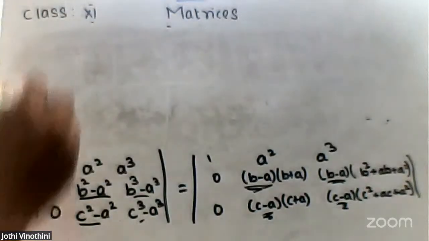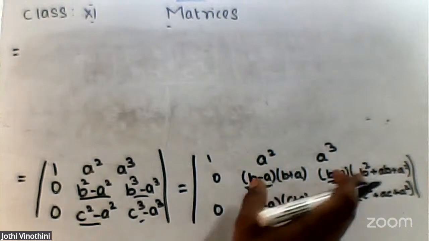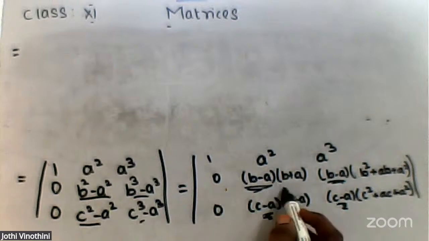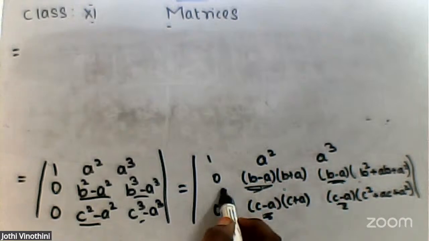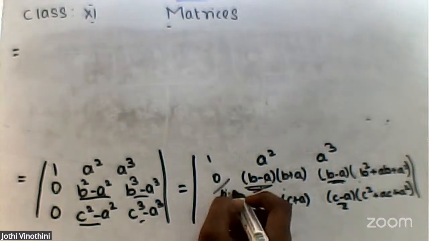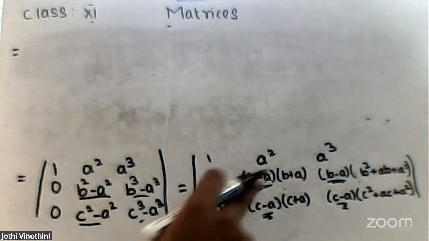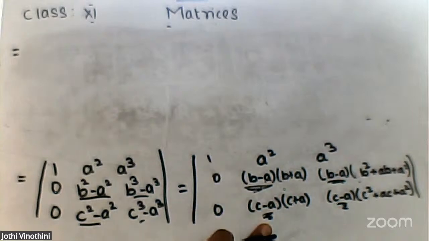Whenever the same term is common in all the elements of a row, we can take it out. Here b minus a is in the second and third terms, and 0 is also divisible. So I am taking b minus a as common from row 2 and c minus a as common from row 3.